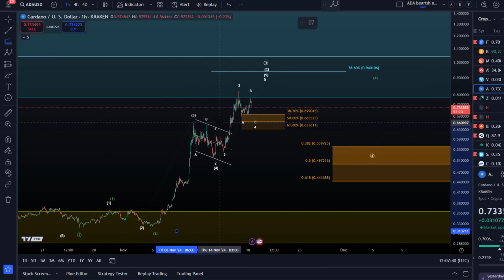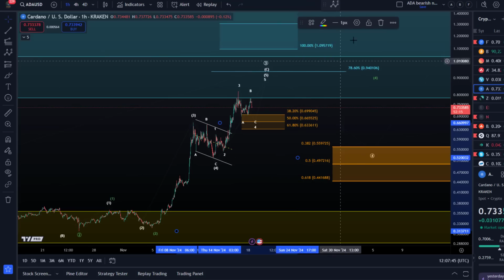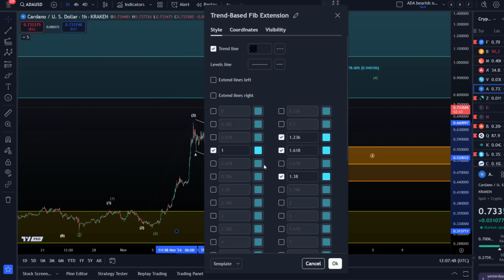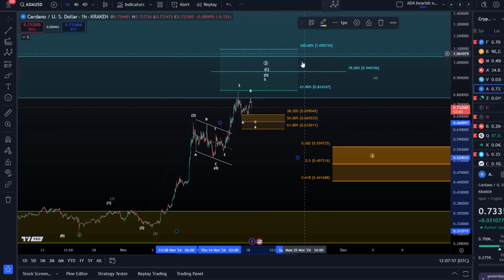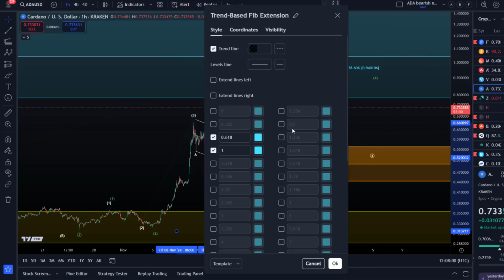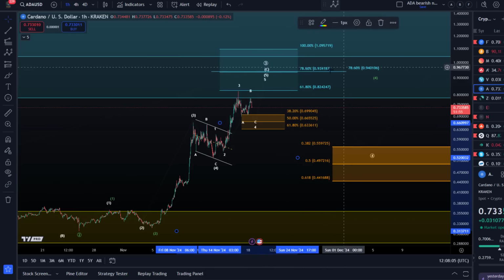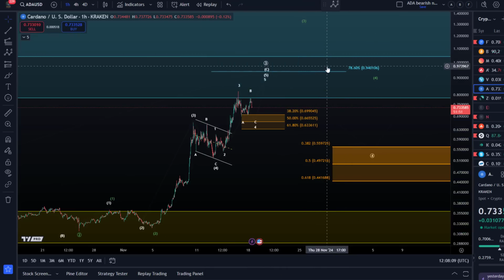Let's see if we can figure out another possible target that makes sense. So this was already reached. So that's also pointing to 94 cents. There seems to be some confluence around the 94 cent mark, but that was mentioned before. No new insights.